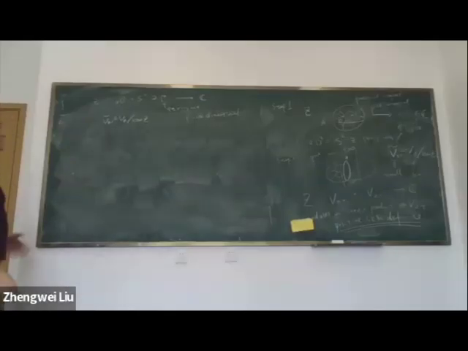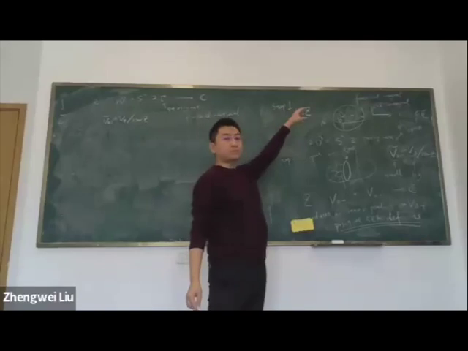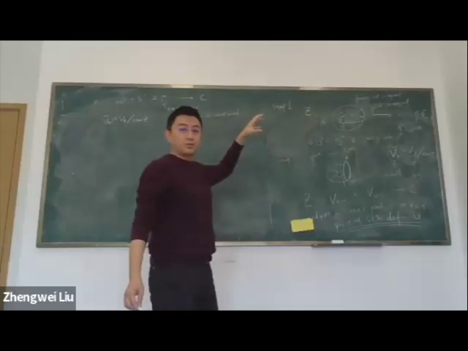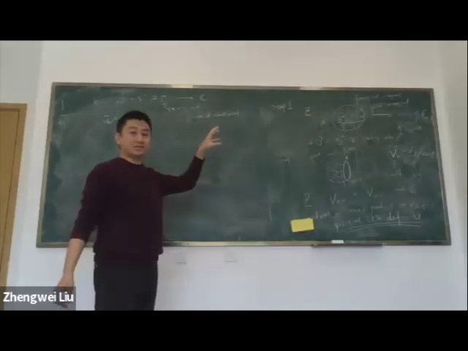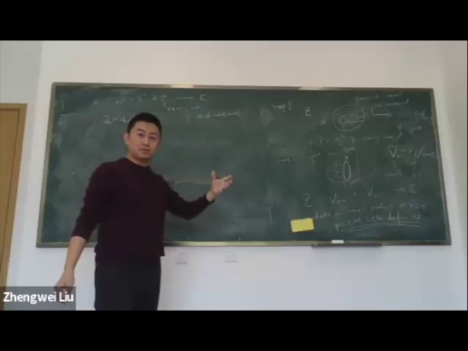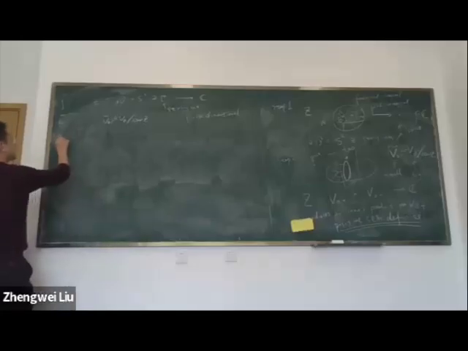Now let's see how we extend this partition function from the 3-disk with configurations on the boundary. How do we extend this from the 3D disk to a general 3-manifold with a boundary surface and defects inside it? How do we extend this partition function?